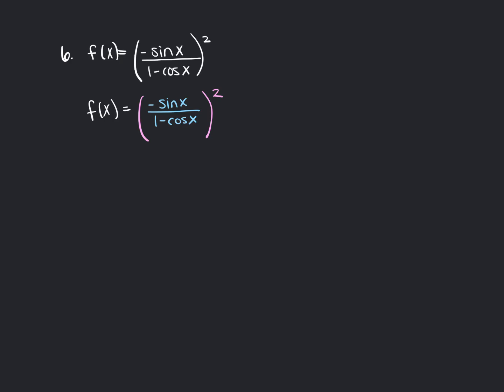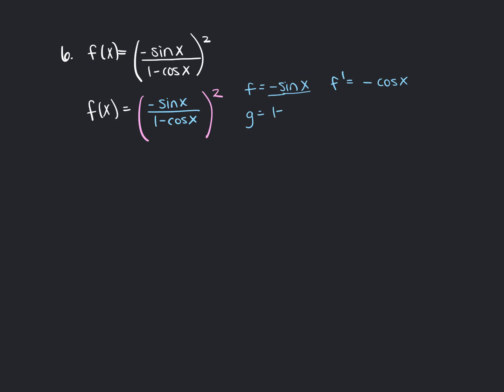So we know that when we do a quotient rule, we have to label our parts. We have to label f and g, f prime and g prime. So if f is negative sine x, then, well, if the derivative of sine x is cosine x, then the derivative of negative sine x is going to be negative cosine x. Oop, not g, f prime.